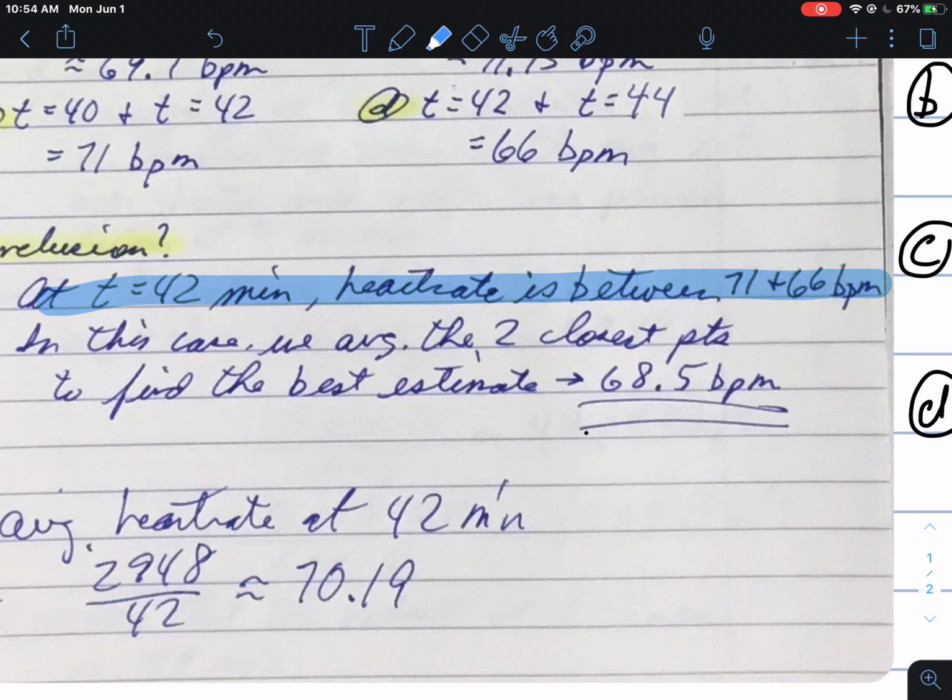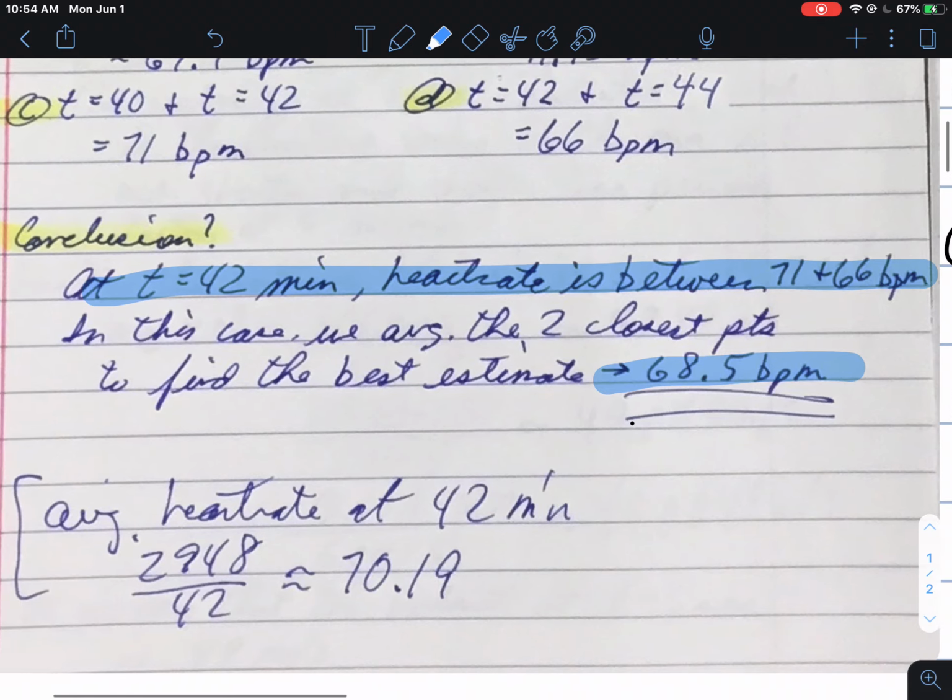And so then we're using the average of those two just to give us an approximation and say that I'm going to approximate the heart rate at 42 minutes to be approximately 68.5 beats per minute. Does that mean that's what it is? Maybe it is, maybe it isn't, but it's the best estimate that I can give based upon the data that we have. Right? So it's not an exact science in this case because I can't get any closer to 42.